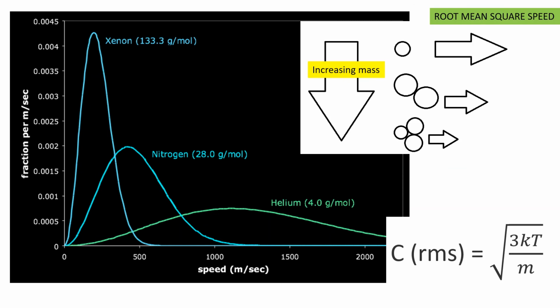So the bigger the mass, the lower the root mean square speed. If you look at the graph on the left hand side, helium has less mass than xenon. Can you see that the graph is squashed, but the speed will be higher. So the maximum speed will be higher compared to nitrogen and xenon. So the bigger the mass, the lower the root mean square speed.